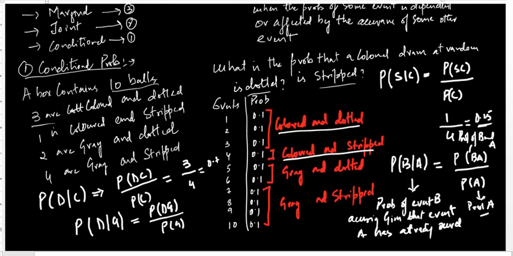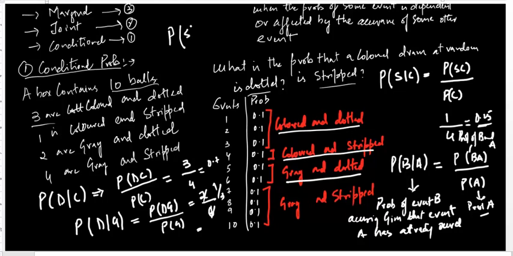Dotted and gray, if I look over here, are two balls, and the gray are 1, 2, 3, 4, 5 and 6 balls. So 2 by 6 is the probability, which is equal to 1 by 3.